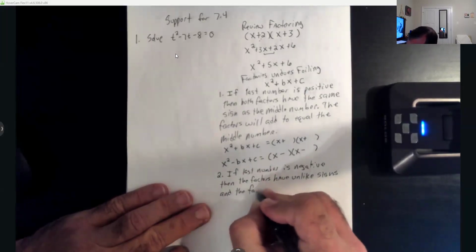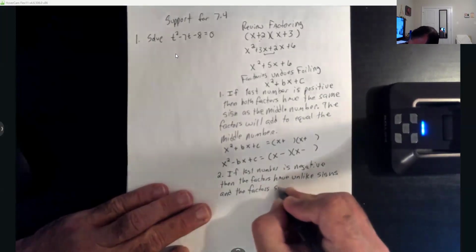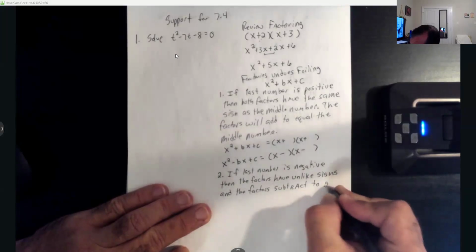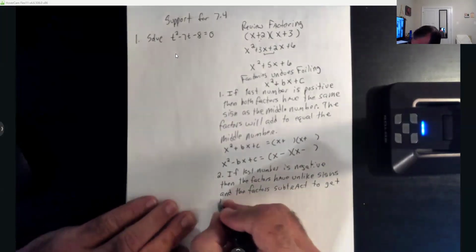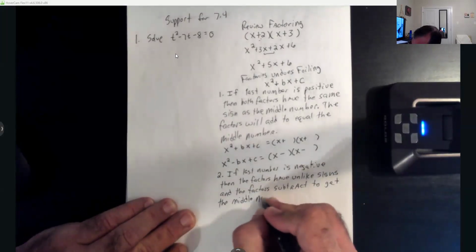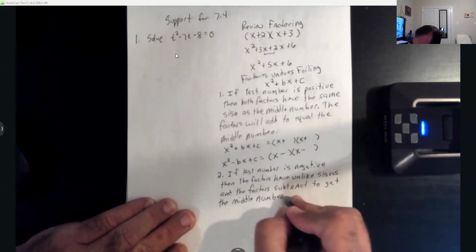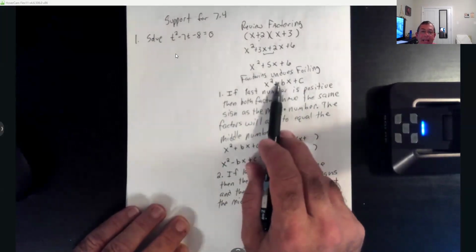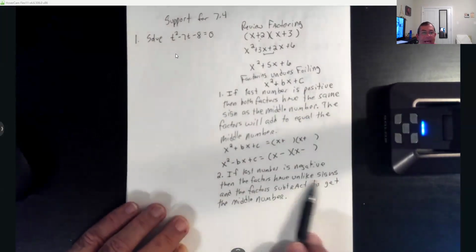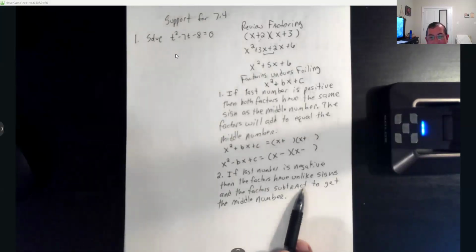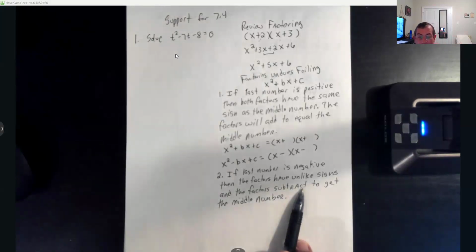And the factors subtract to get the middle number. Okay, so when the last one was positive, my factors added to get the middle number. If the last number is negative, those factors are going to subtract to get the middle number.